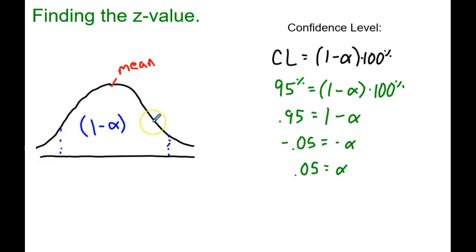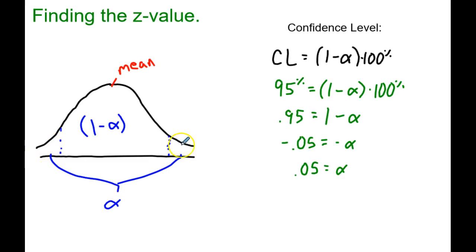Since our whole area under the curve is 100%, which is one whole, if we take 1 minus alpha, that's equal to 0.95. That represents this portion underneath our curve, which means that if we take the portions to the right and to the left, that must be equal to our value of alpha.